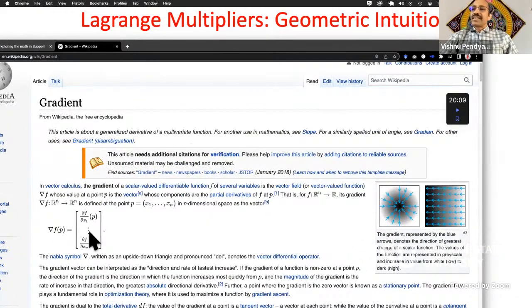It is a vector of partial derivatives of the function with respect to each variable. So if x1, x2, x3, ..., xn are variables, we take the partial derivatives of f with respect to each of the variables. That is the gradient. So as you can see, this is a vector in itself, right?